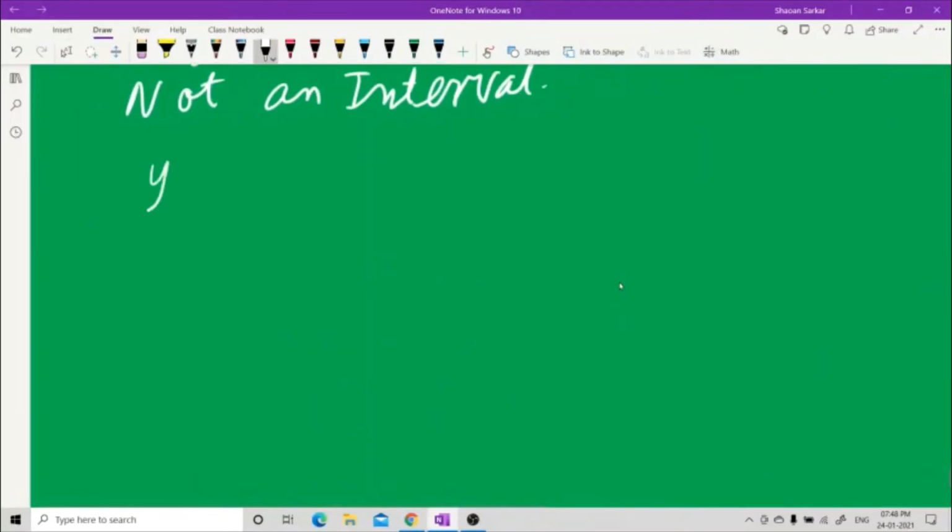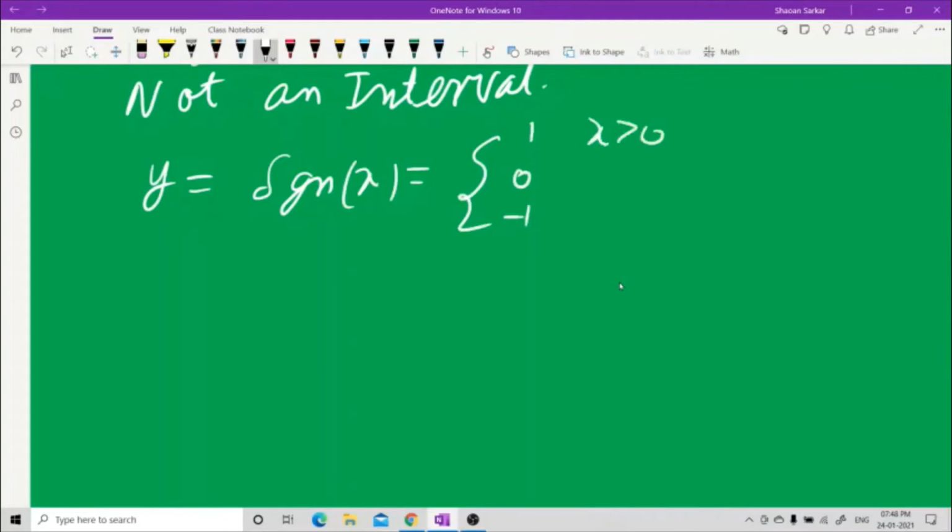Let me write down the function again for you all. Signum x: you got 1 for x greater than 0, 0 for x equal to 0, and -1 for x less than 0. Let us now draw the graph. This is your x-axis, the complete domain, and this is your y-axis. At 0, it is 0. Just mark it like this. But at just more than 0, it is always 1.